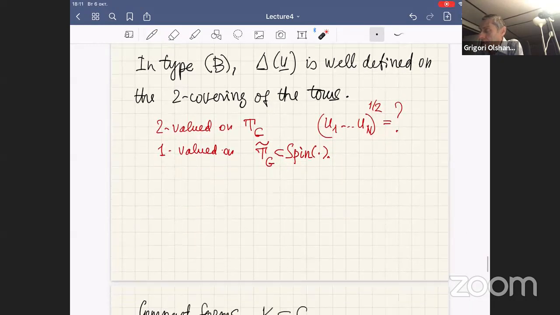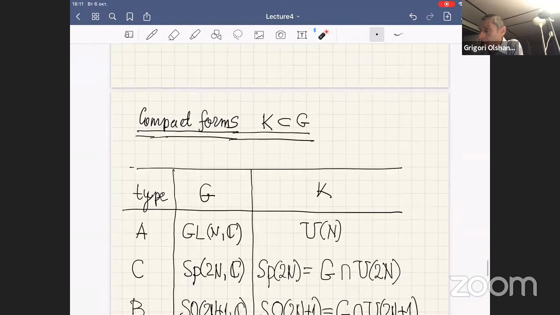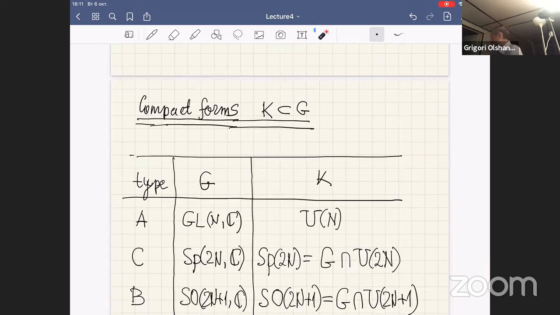Let's go further. Now we need the compact forms. So far, we were dealing with complex groups, and now we want to use also compact groups.